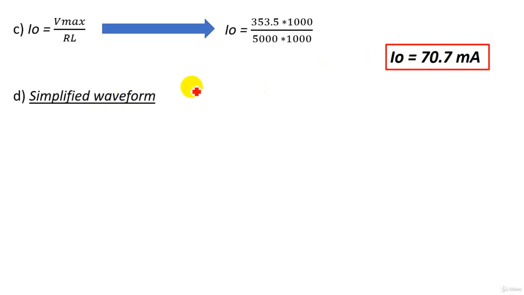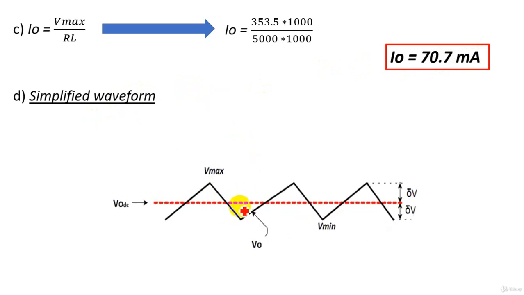Now let's get the final requirement, the simplified waveform. So this is our simplified waveform. This is the output voltage of the half wave rectifier circuit. As we see, it's a DC voltage, a DC average voltage with some ripples.